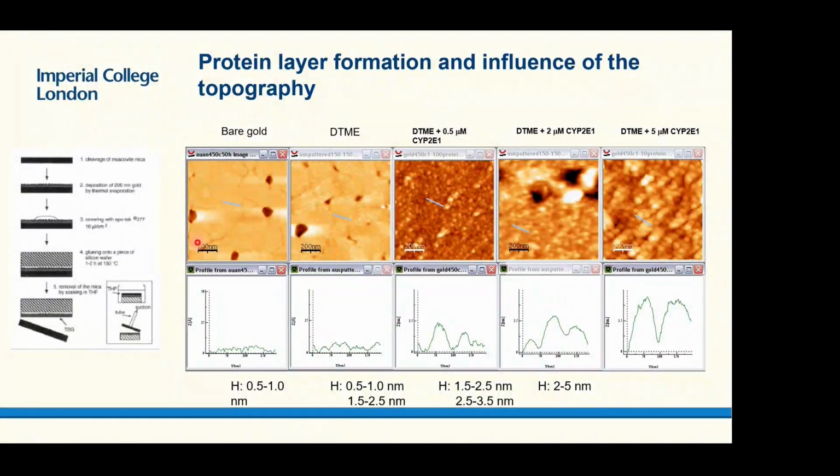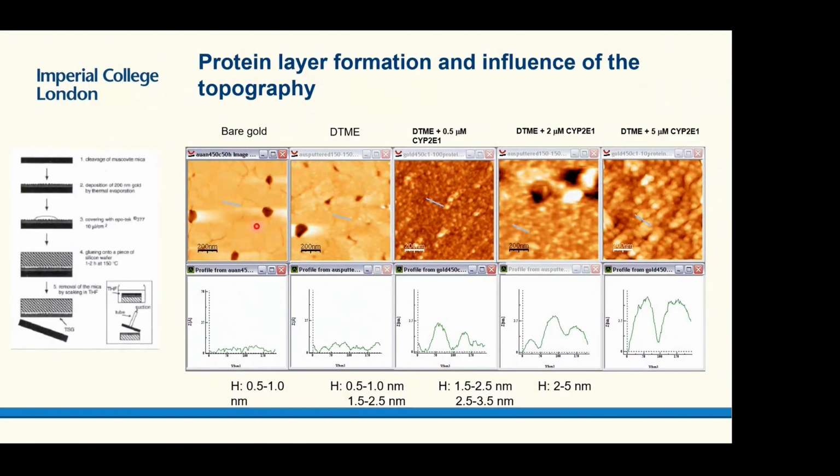And instead of using the classical annealed gold on glass, we use this method that evaporates gold on mica, and then you strip away the mica, and where the mica was touching the gold is a completely atomically flat surface. And you can see here, this is the surface of the gold.